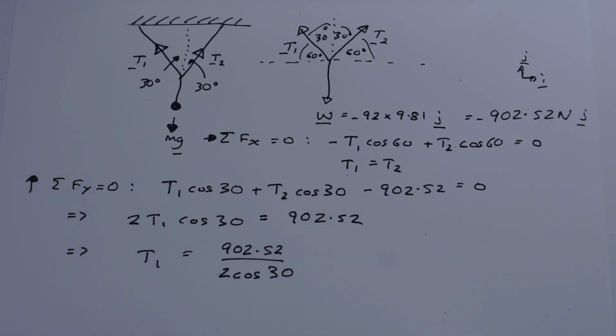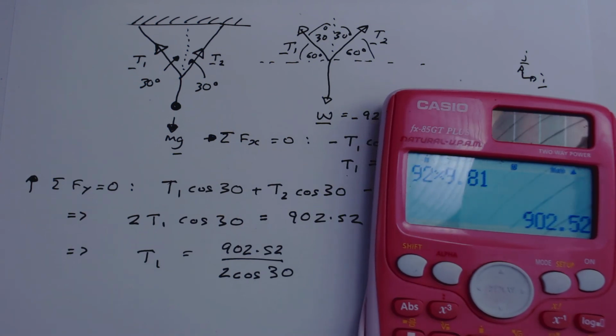So if you're playing with angles, we want to try and keep the cos 30 to the very last step. Alright, and it's at this step that we then get our calculator out and work out what that number is going to be.